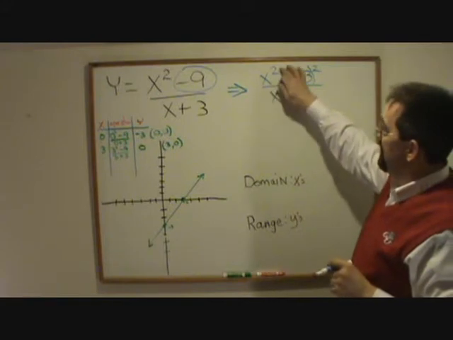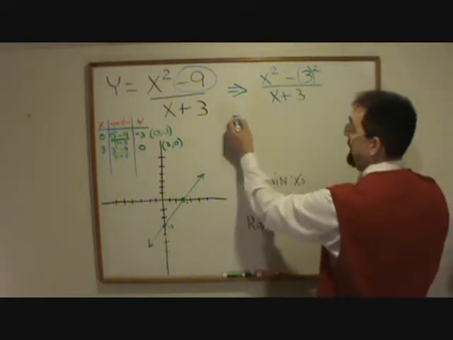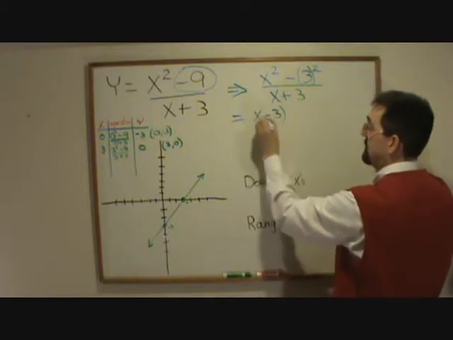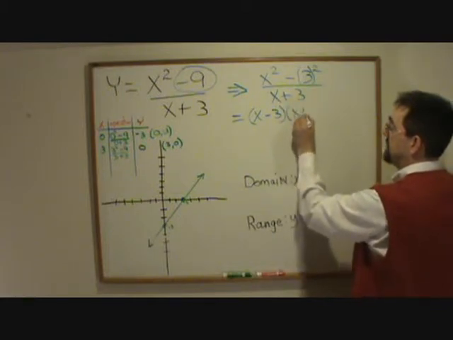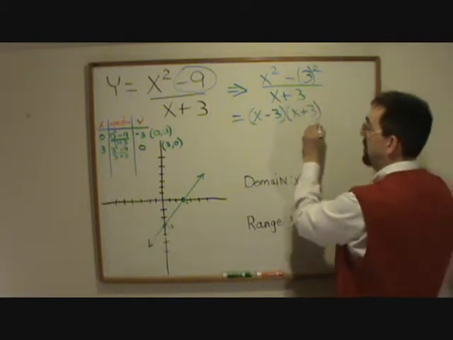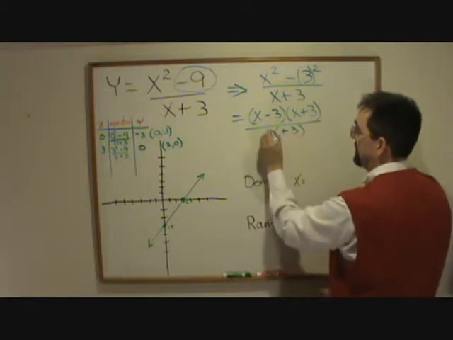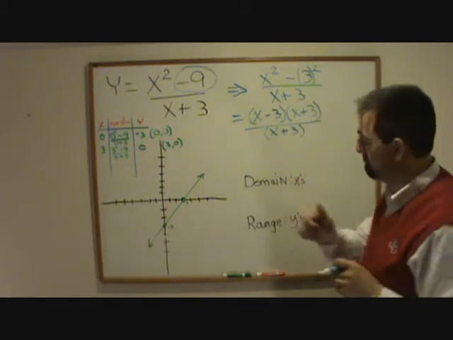When you have a variable squared minus a number squared, we can rewrite that as (x minus 3)(x plus 3), all over x plus 3. The difference of perfect squares.